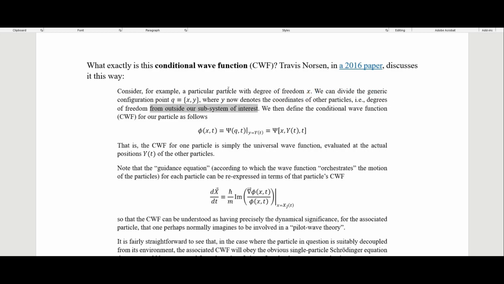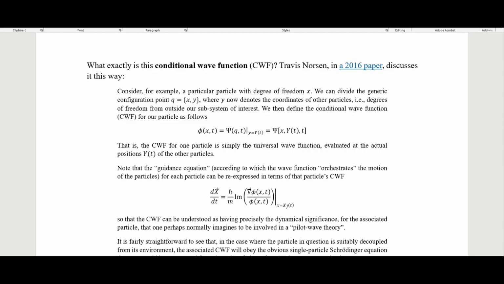He's talking about how there is a universal wave function, and when we arbitrarily split it into the system that we're interested in and the rest of the system, we can look at the system of interest as the conditional wave function. And as we'll see, it's conditioned on the positions of all other particles.